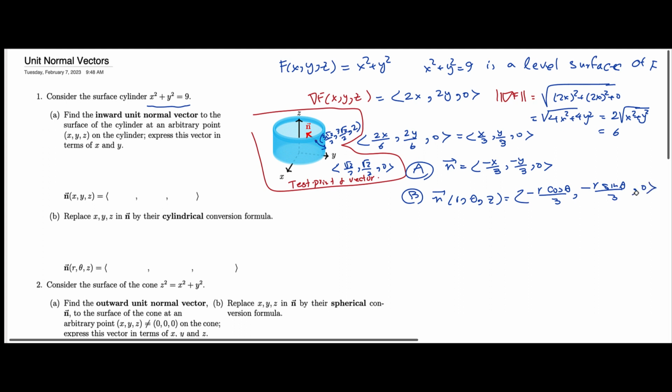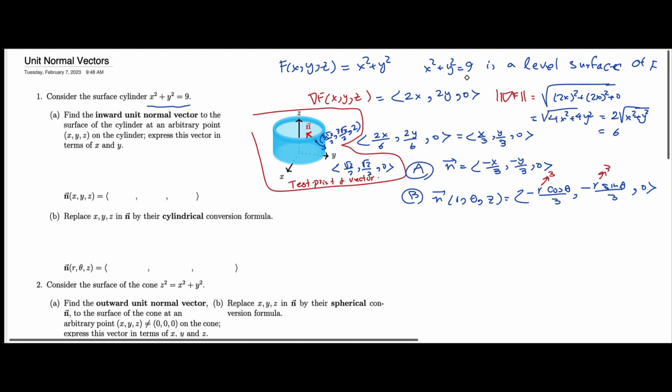Now, again, as I said over here, you cannot leave x squared plus y squared as it is because x, y, and z are on this level surface. Over here, I can leave r as it is. R has to be replaced by 3. Otherwise, the problem is wrong.